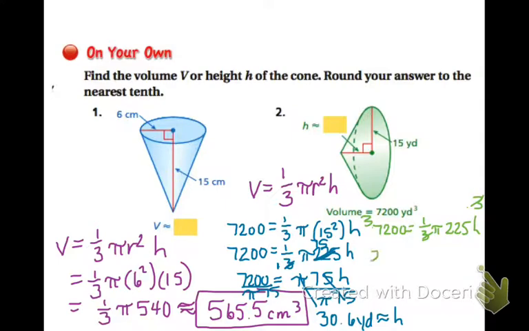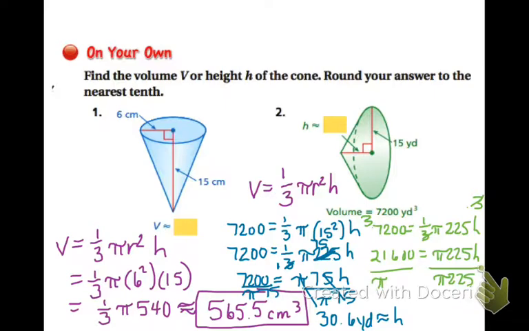It's going to be 21,600, equal to pi 225h. So notice we didn't simplify the 225 on this side. Now we'll divide both sides by the area of the circle. I've left pi out of it until the very end just to make my computations a little easier and not having to write down a lot of decimals.